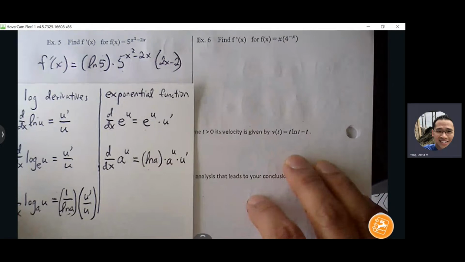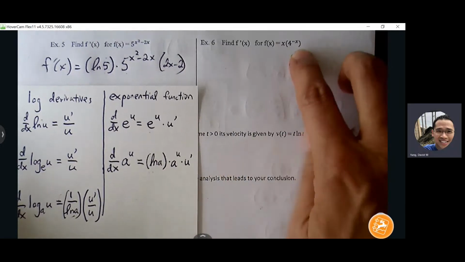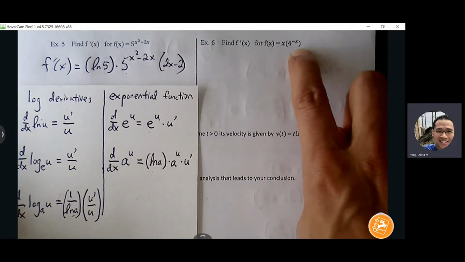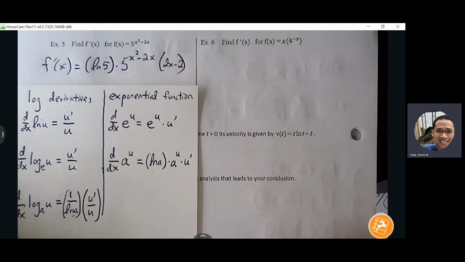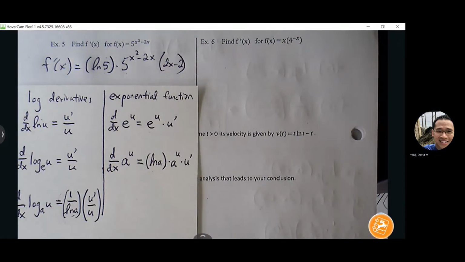All right, example 6. Again, we see an exponential function, a to the u, but there's an x in front, so to involve that, what else is needed if we want to find the derivative? Product rule. Yeah, we got to go through product rule. So f prime g plus f g prime.